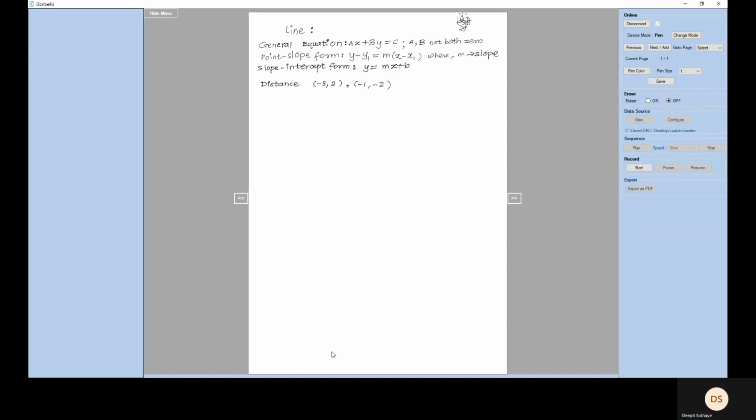If we denote this as (x1, y1) and this as (x2, y2), then the distance is equal to the square root of (x2 minus x1) whole squared plus (y2 minus y1) whole squared. If you substitute these values, you get root 20, which can also be written as 2 root 5.